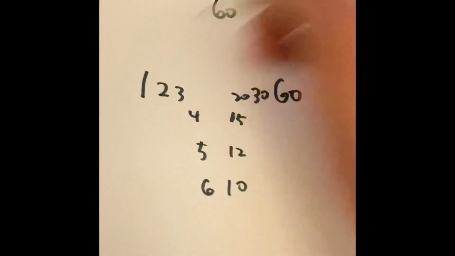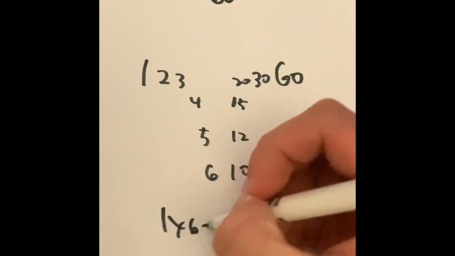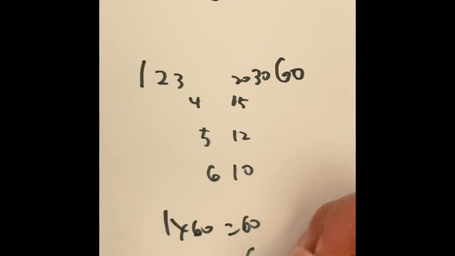These are all numbers that can be multiplied to bring you 60, like 1 times 60 equals 60, 2 times 30 equals 60.